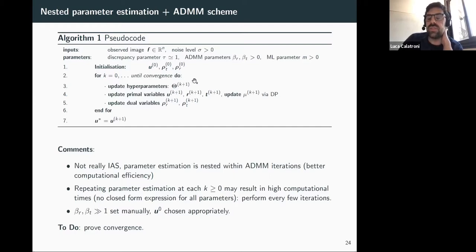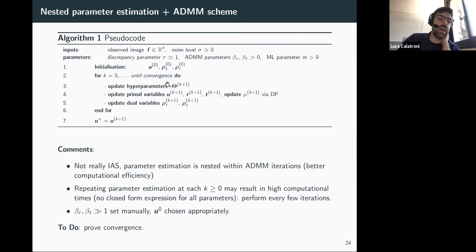In the case of weighted TV, since the expression of the parameters is in closed form, that's really efficient, so you don't lose much in terms of computational cost. Of course, when you think of estimating the whole set of parameters, that's quite demanding.